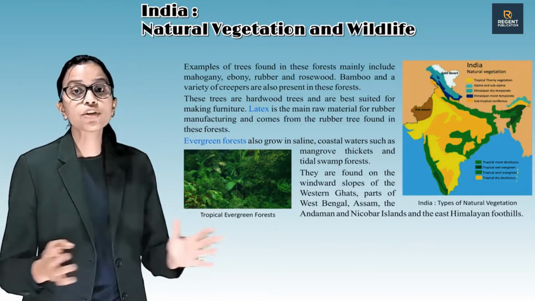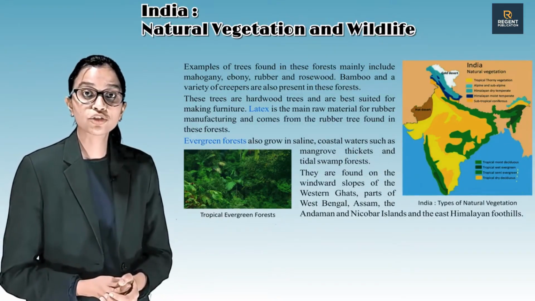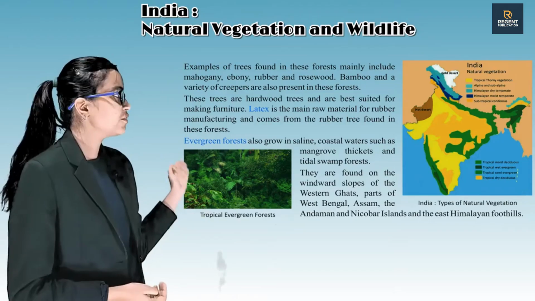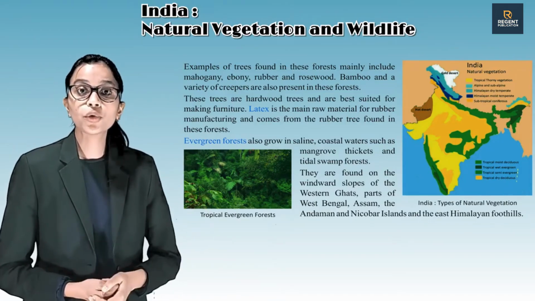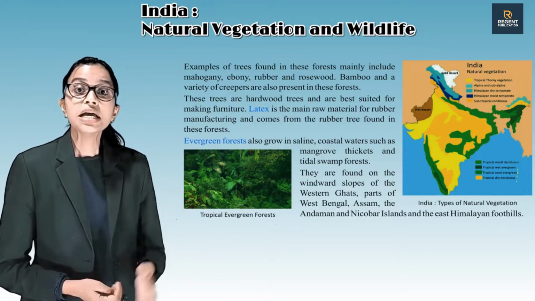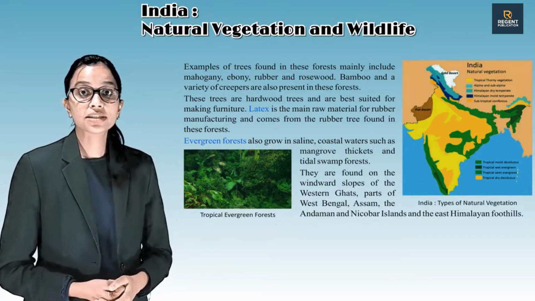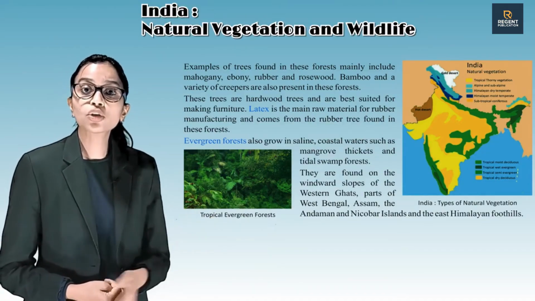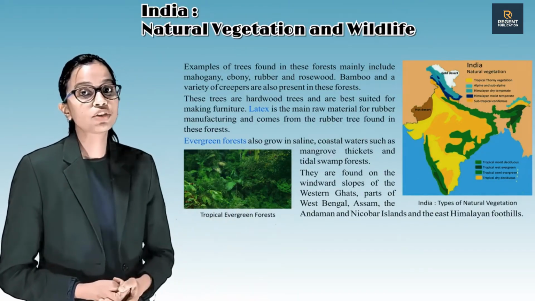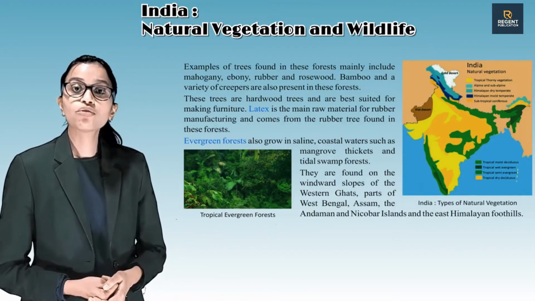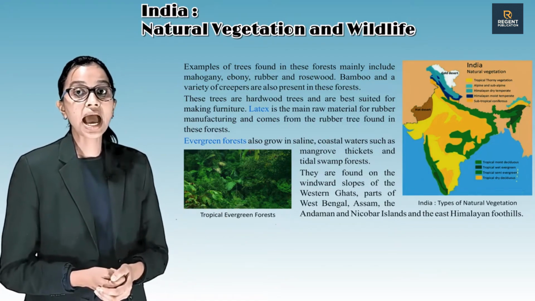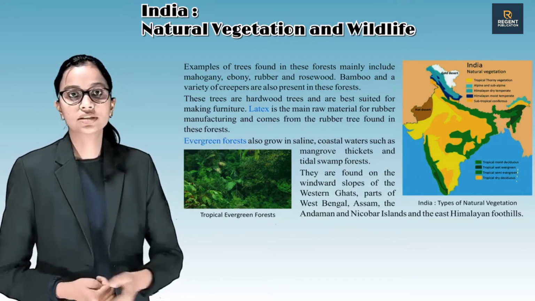Latex is the main raw material for rubber manufacturing and comes from the rubber tree found in these forests. Evergreen forests also grow in saline coastal water such as mangrove thickets and tidal swamp forests. They are found on the windward slope of the Western Ghats, part of West Bengal, Assam, the Andaman and Nicobar Islands and the East Himalayan foothills.